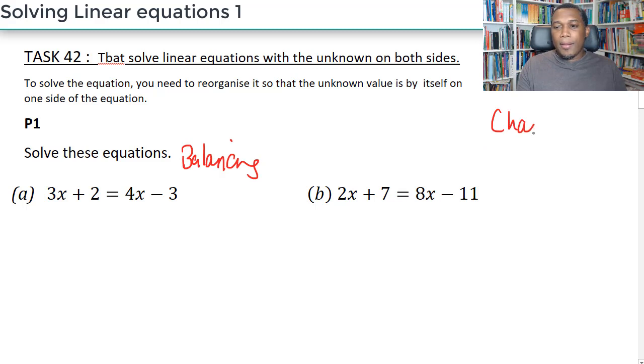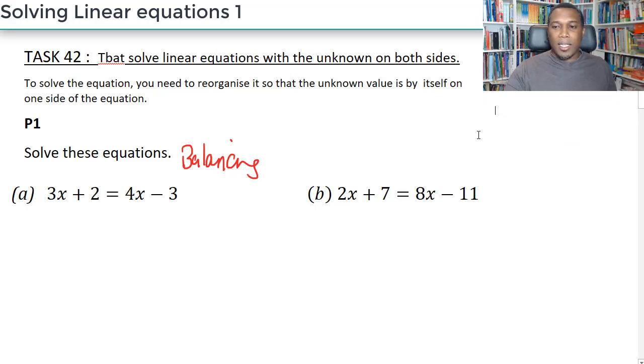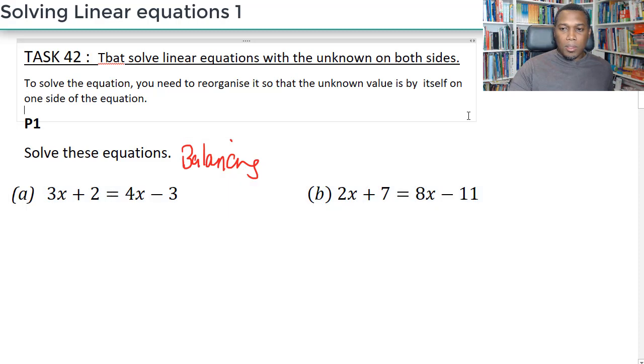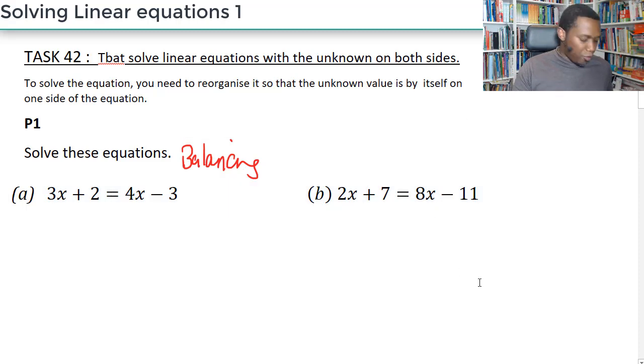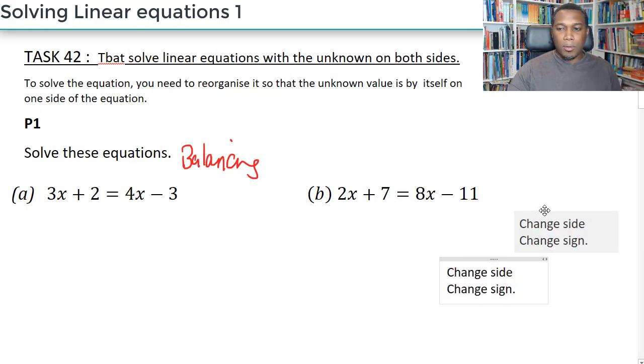Change side, change sign. That's my preferred method, but you have a choice. If you want to stick with balancing, either one will get you through.